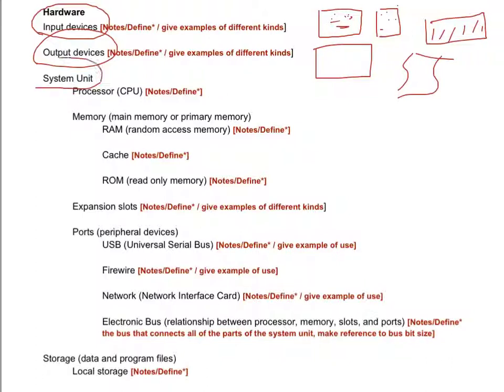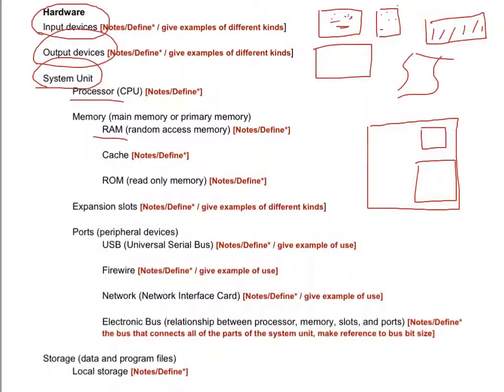A system unit, probably thinking more of a PC. I'm going to draw a box here to represent that. We have a motherboard or a main primary board. On there we have memory, random access memory. A lot of them are made by Intel.